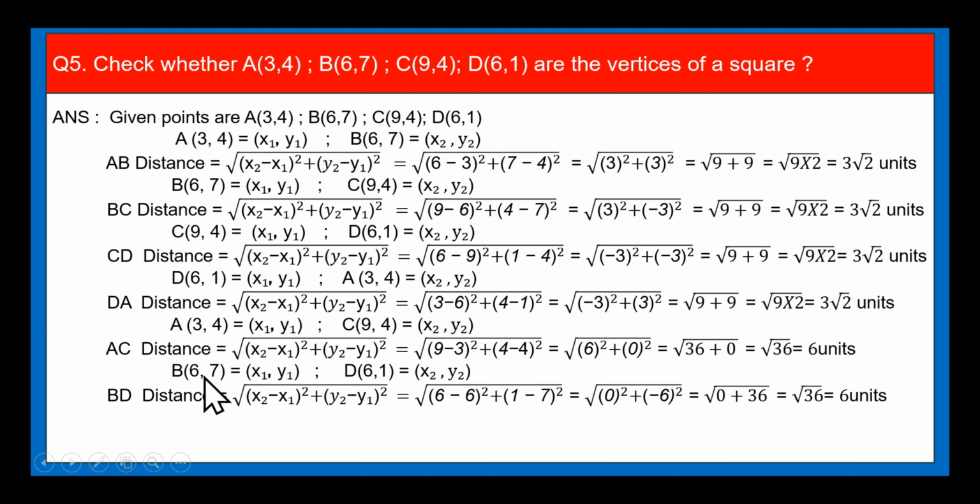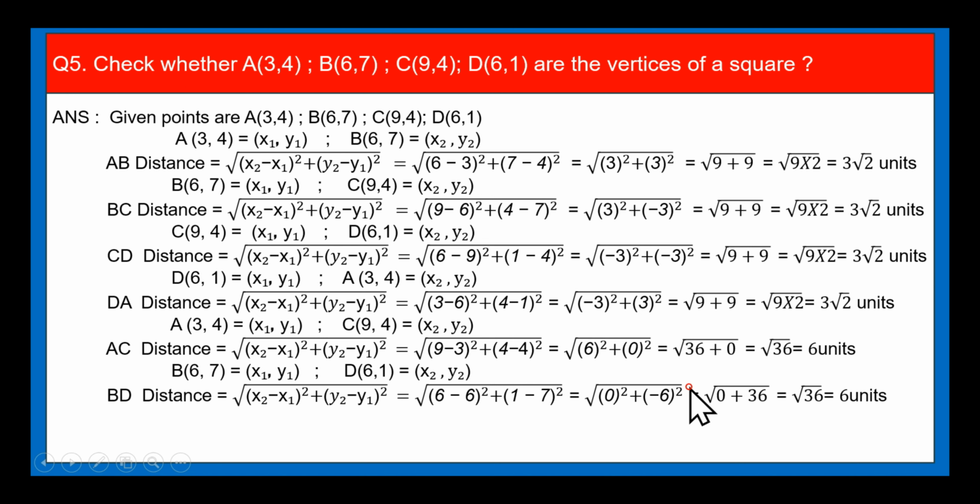Here it is 6 minus 6, isn't it? (6 minus 6) whole square plus (y2 minus y1) whole square means (1 minus 7) whole square. 6 minus 6 is 0 square. 1 minus 7 is minus 6 square. 0 square is 0. Minus 6 whole square is 36. Root over 0 plus 36 is root over 36, which is equal to 6 units.